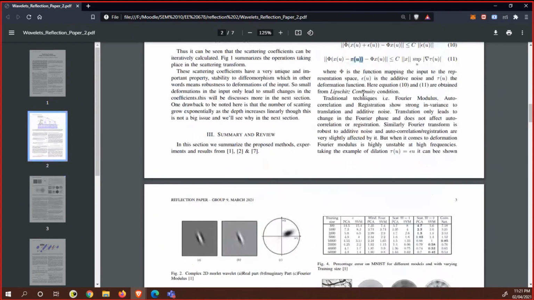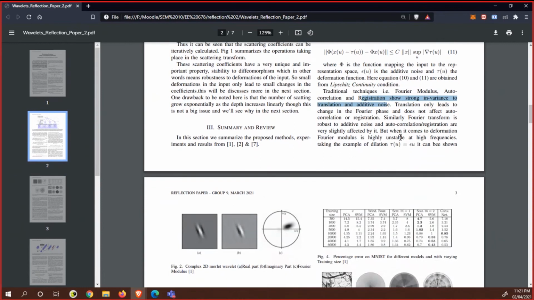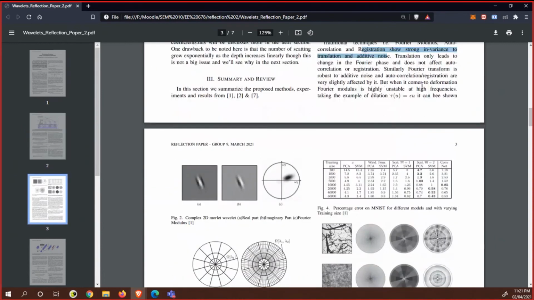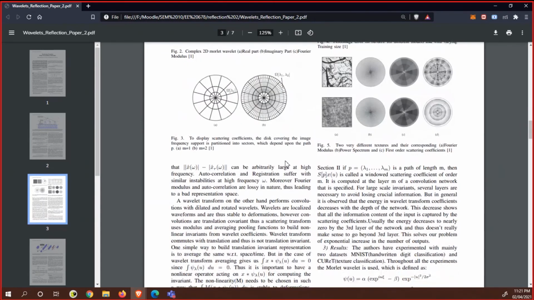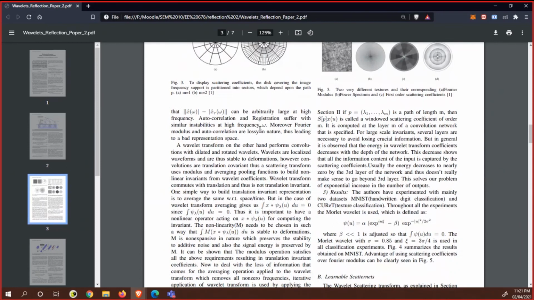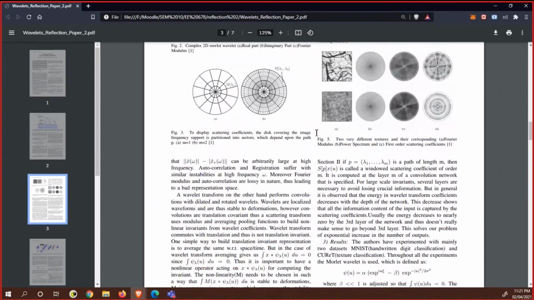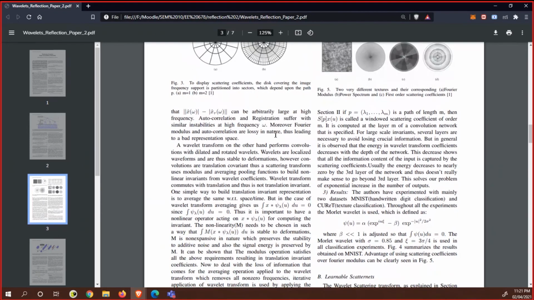The traditional techniques, the Fourier modulus, autocorrelation, and registration, show very strong invariance to translation and additive noise, but that's not the case with deformation. At high frequency they become very unstable, and that is what is novel about the scattering transform: even in high frequency it is still stable to the deformations that happen.